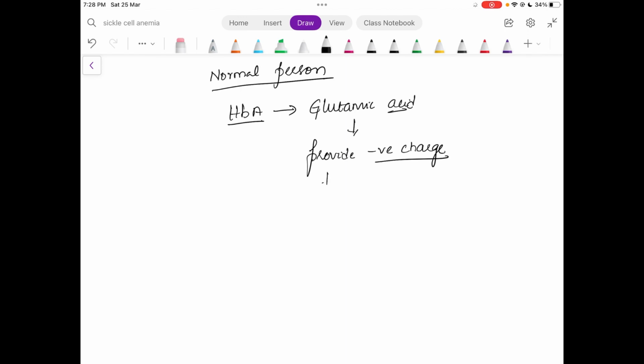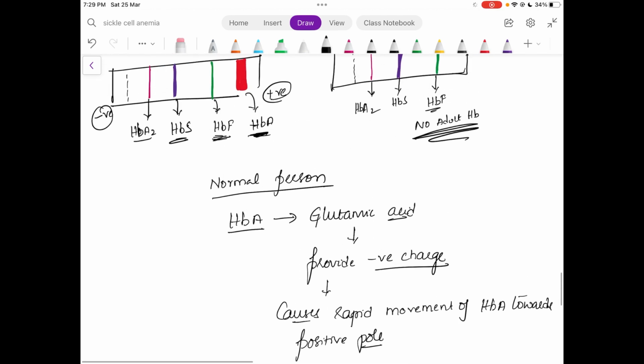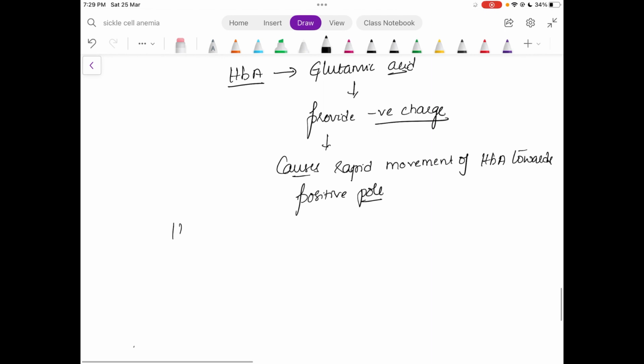This negative charge causes rapid movement of HbA towards the positive pole, and that's why HbA is the first band to appear in the electrophoresis towards the positive pole.